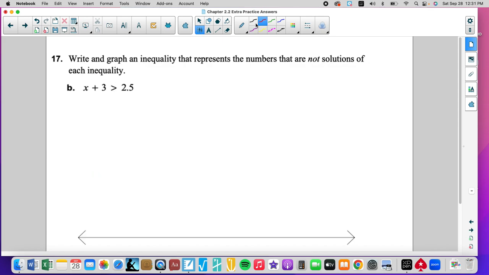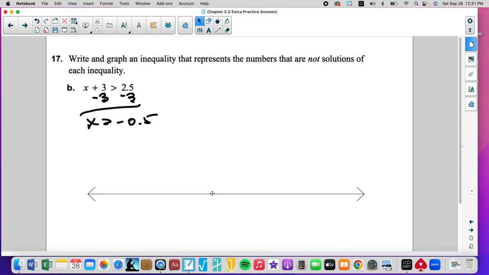Really good question. I like this. This is a really good conceptual problem. X is greater than -0.5. So you've got to do some real good thinking here. Notice I didn't write it super close. I wrote it out here so it didn't interfere.